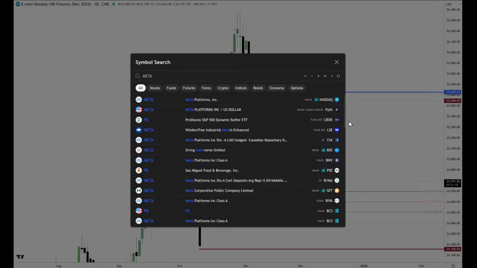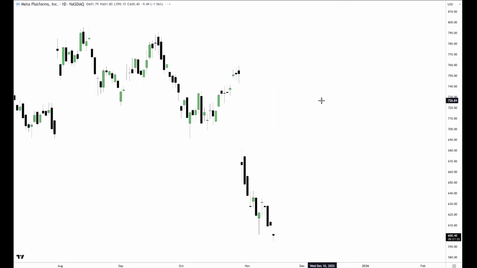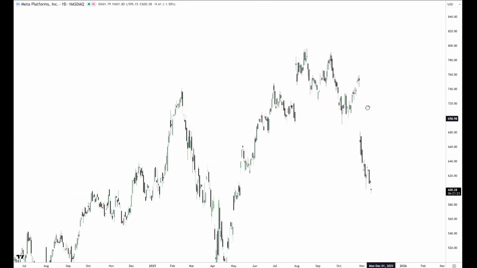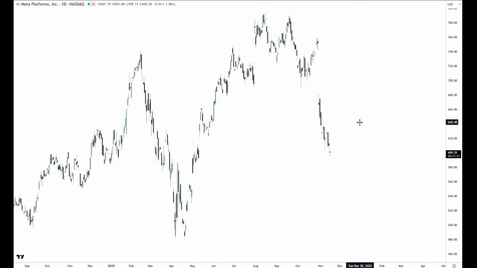Right? Meta. Ooh, that is an ugly shirt, ain't it? Meta. Meta Platforms. All right. You guys confirm that? Yeah, Meta. Thanks, Ryan.